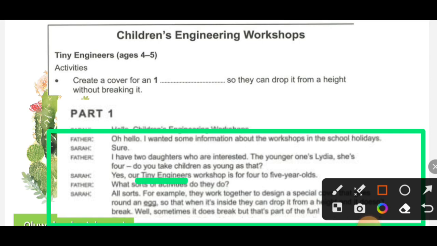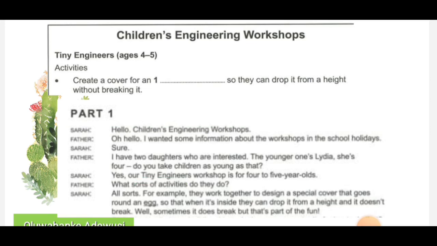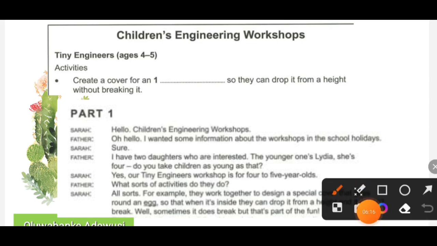Can you see tiny engineers? And then once you hear tiny engineers, you know the other things they said, they are just preambles. You know the answer is around the corner. Now they say all sorts. Let me see. All sorts, for example, they work together to design. What's that?